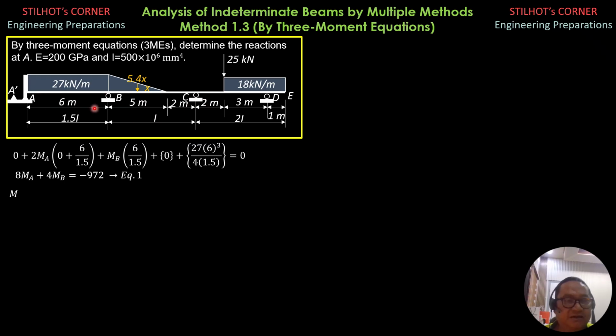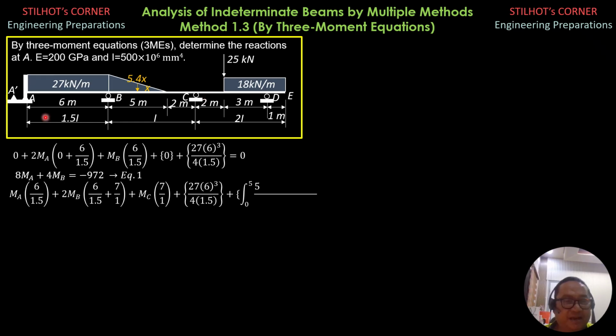So MA times 6 over 1.5 plus 2MB quantity 6 over 1.5 plus MC over 7, MC times 7 over 1 rather, plus MC times 7 over 1 plus W 27 times 6 cube over 4I. This is it. Then for this loading, we have to integrate dp 5.4x dx. Then b is x plus 2, then divided by L 7 times 1, because moment of inertia is 1.